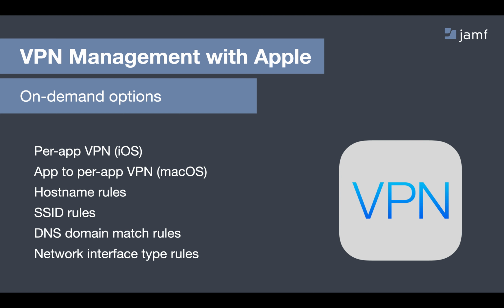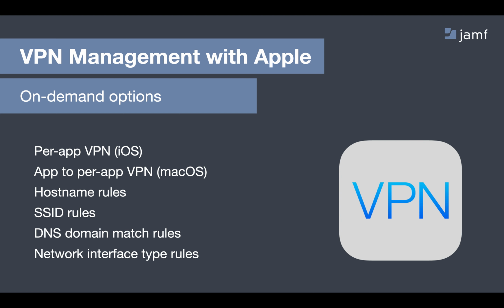Other VPN types have a number of on-demand rules to determine when your VPN should or shouldn't be activated. Those could include host names that you're trying to access, what network you're on, what the current domain name server or DNS domain is, and other network interface types as well.